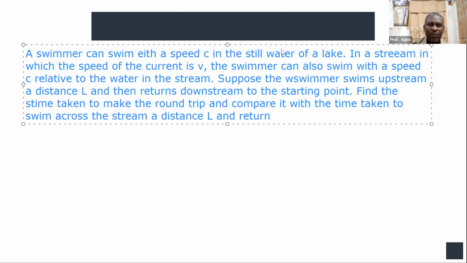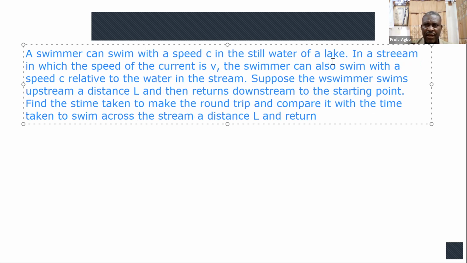A swimmer can swim with a speed c in the still water of a lake. In a stream in which the speed of the current is v, the swimmer can also swim with a speed c relative to the water in the stream. Suppose the swimmer swims upstream a distance L and then returns downstream to the starting point.